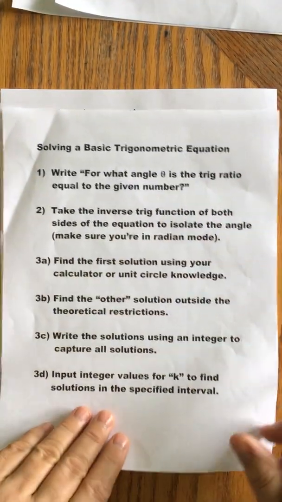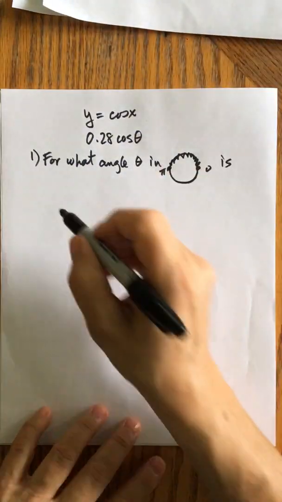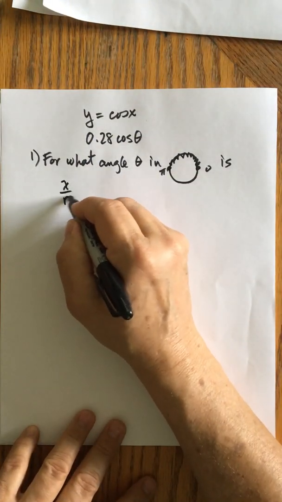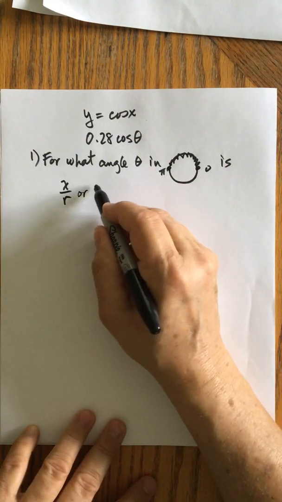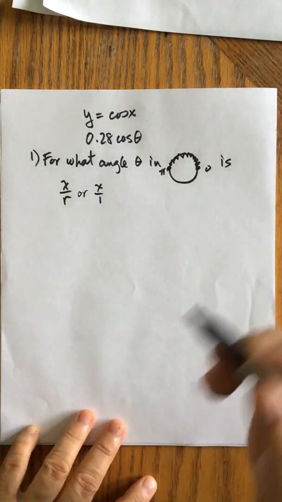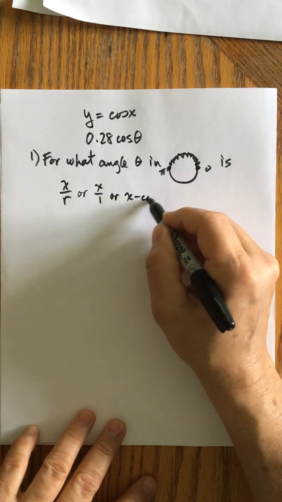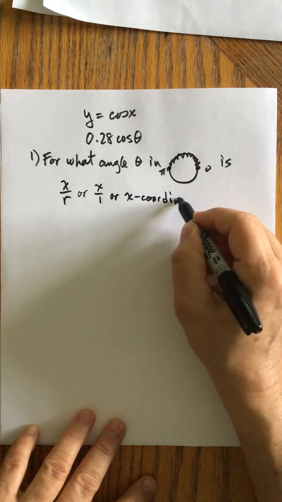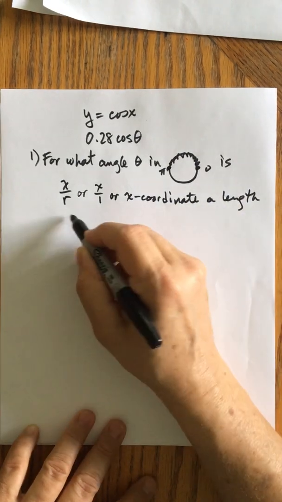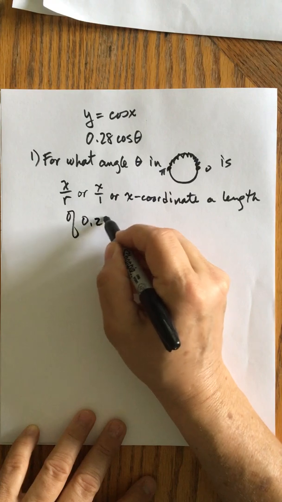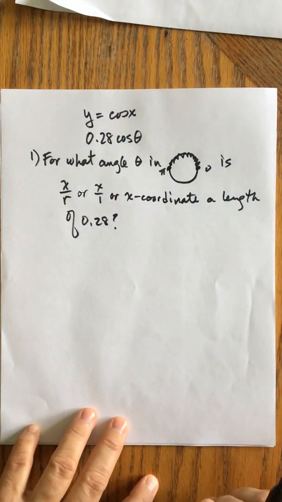It's cosine, so let me go to the definition of cosine. This is extremely important. X over r is what cosine is, the definition. Or I could write x over 1 if I want to use the unit circle, and then that's really just the x coordinate, a length of 0.28. That's really what I'm looking for, right?